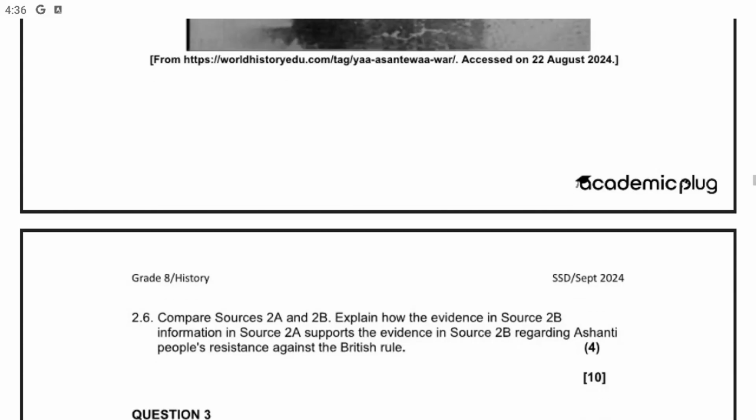Okay, so the question comes here. Compare sources 2A and 2B.